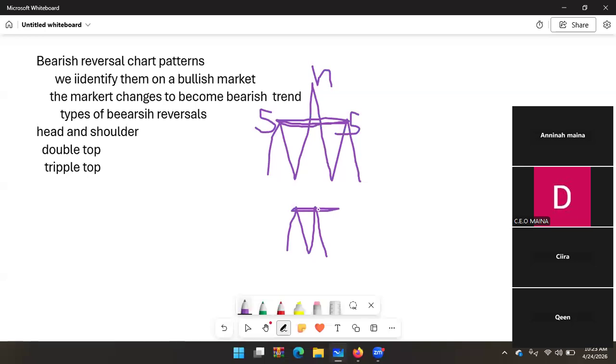And the zone we said is what? We'll do that when we're in the charts. Then a triple top will look like this. Also, the tops have to be within the same zone.